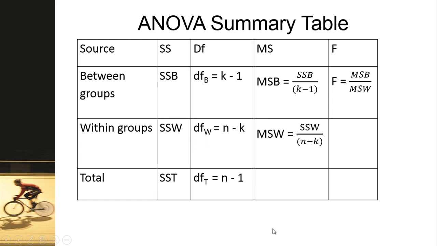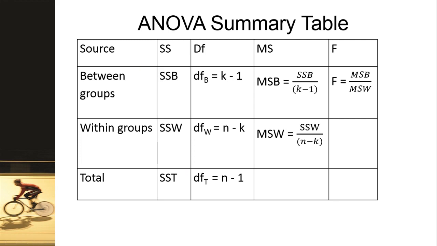And for each one of these, you need to have degrees of freedom. The degree of freedom for the sum of square between is k minus 1. K is the number of groups you have. So in the example, we have 3 groups, and the degree of freedom for between is going to be 3 minus 1, so it's 2.